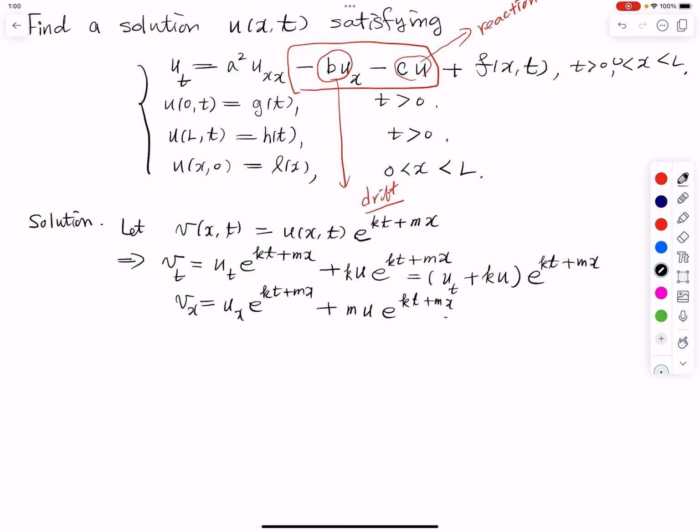So that is equal to (u_x + m u) e^(kt+mx).